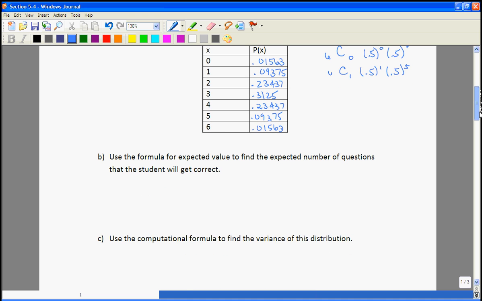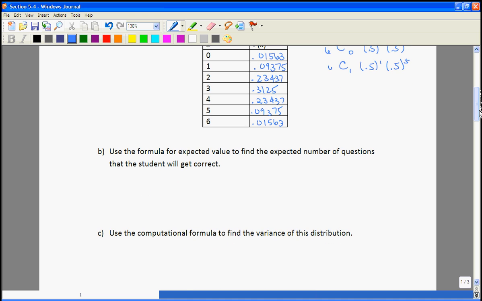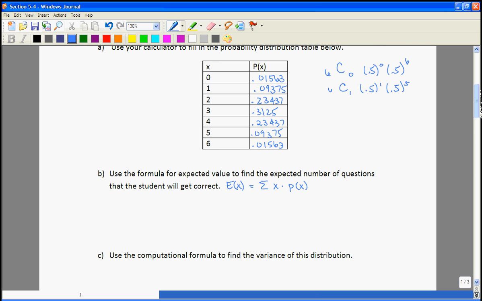Now we're going to use the formula for expected value to find the expected number of correct answers. Well, remember, E of x is the sum of each x value times its probability. So I'm going to take 0 times 0.01563, and 1 times 0.09375, and add those up, plus 2 times 0.23437, and so on.